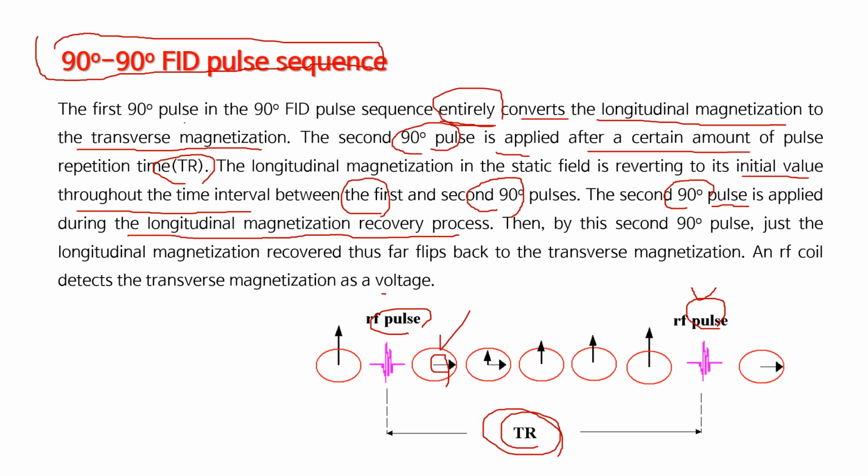At that time, another 90-degree pulse is applied and we can detect the signal. Then by this 90-degree pulse, just the longitudinal magnetisation recovered thus far flips back to the transverse magnetisation. The RF coil detects the transverse magnetisation as voltage.